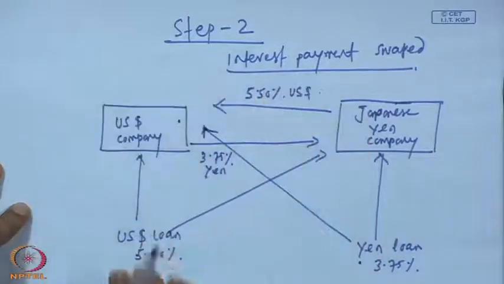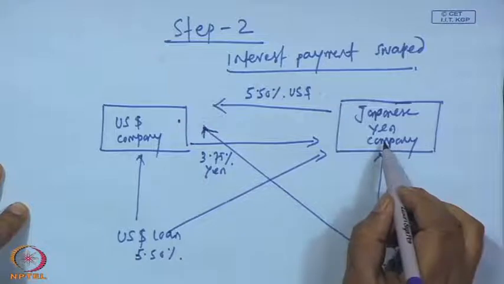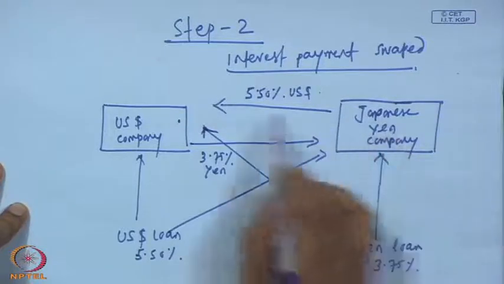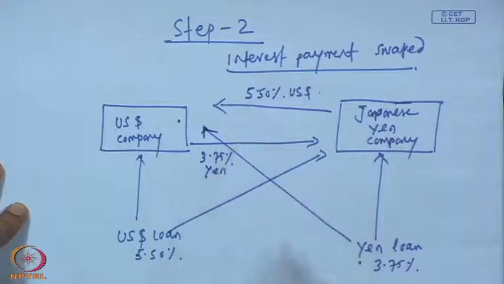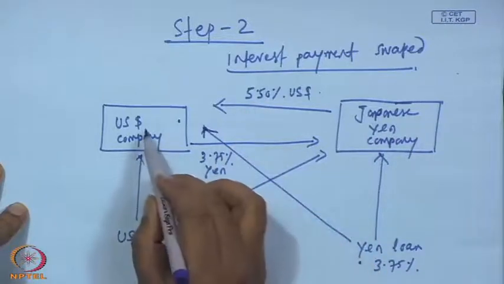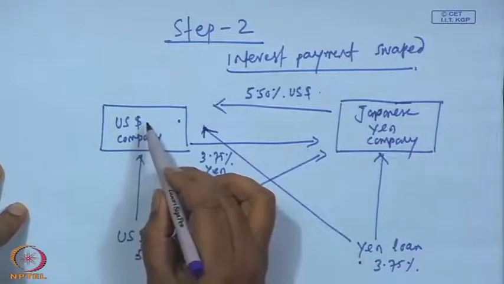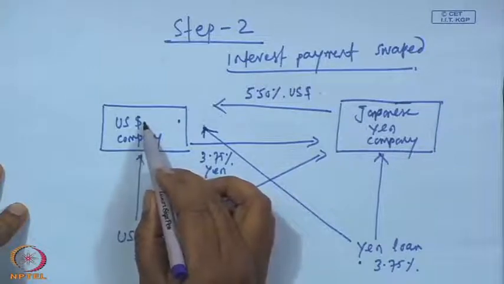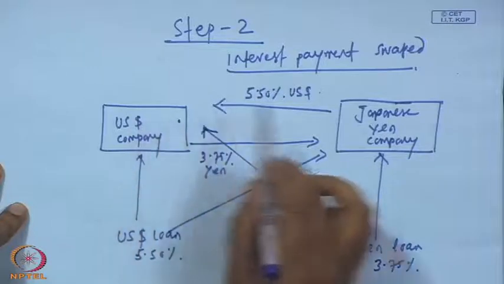The transaction takes place in this way. Since the US dollar has moved to the Japanese company, it will pay the US dollar denominated interest rate, that is 5.5%. Yen has been transferred to the US company, which will pay 3.75% yen denominated interest to the Japanese company.